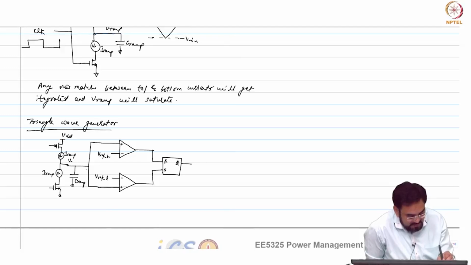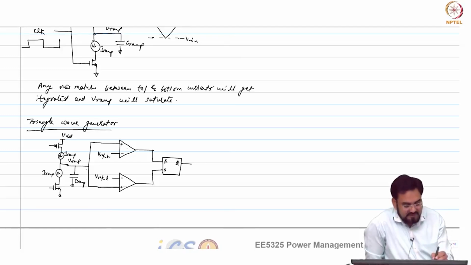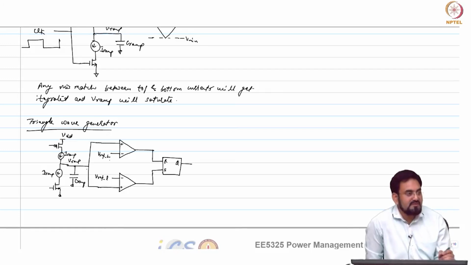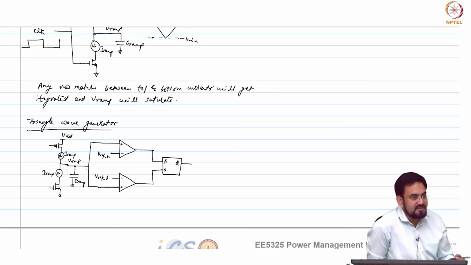This is VRAM. So we know if this VRAM goes above Vref H, we want to discharge.